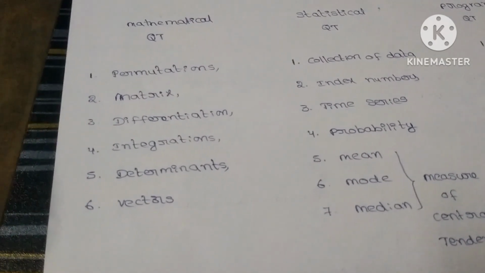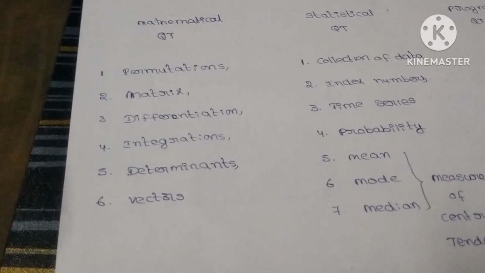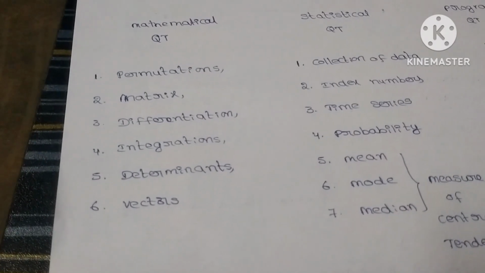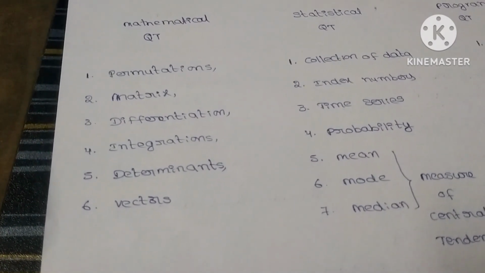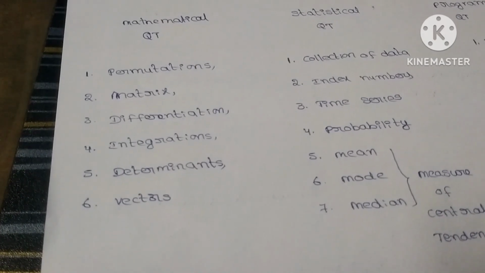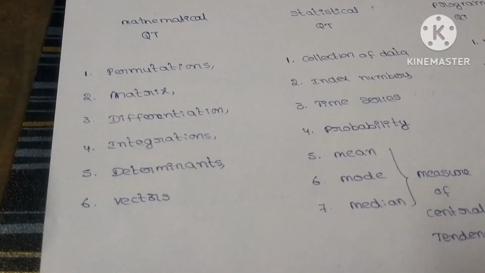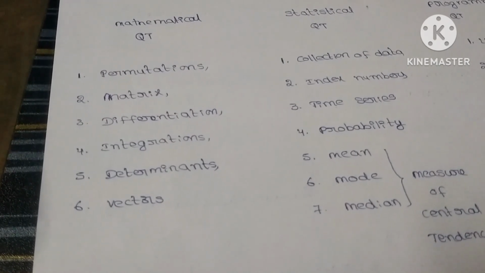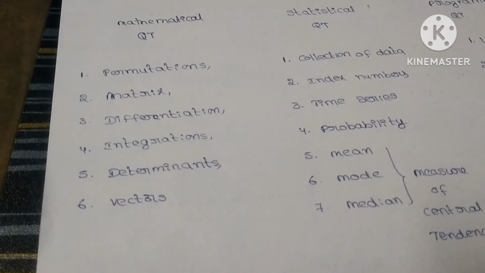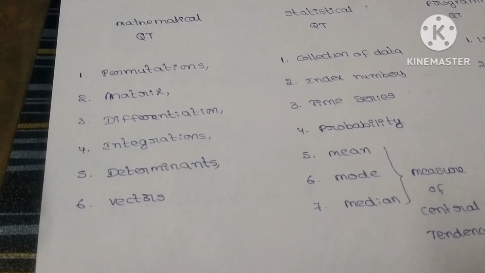Now coming to the first one, permutations. Actually this concept is relevant to intermediate mathematics. Second one is matrix, or matrices. In Telugu it is termed matrikalu. This concept comes in the 10th standard syllabus.